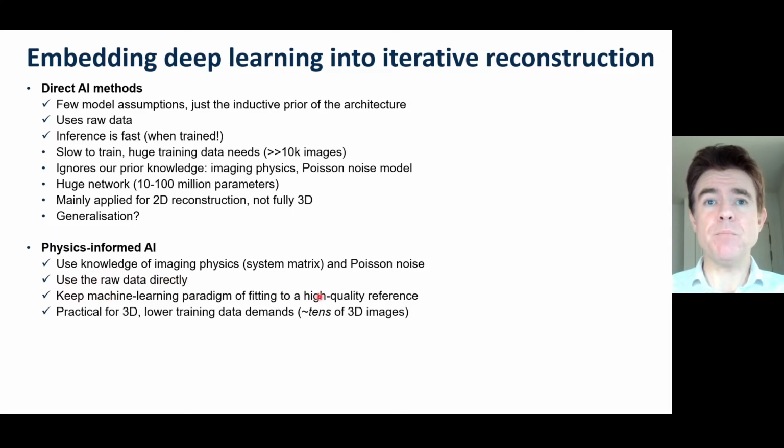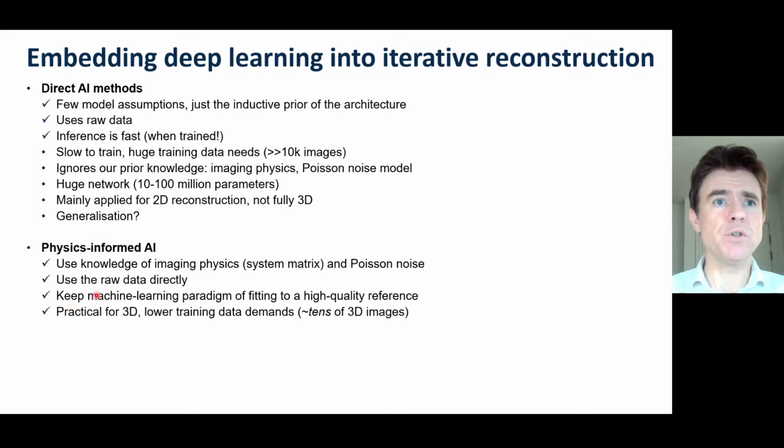And yet the key point being, unlike conventional iterative methods, which fit the parameters of the image to noisy data, with the machine learning paradigm, we are now making use of high quality reference data in order to learn the parameters for the machine learning networks.